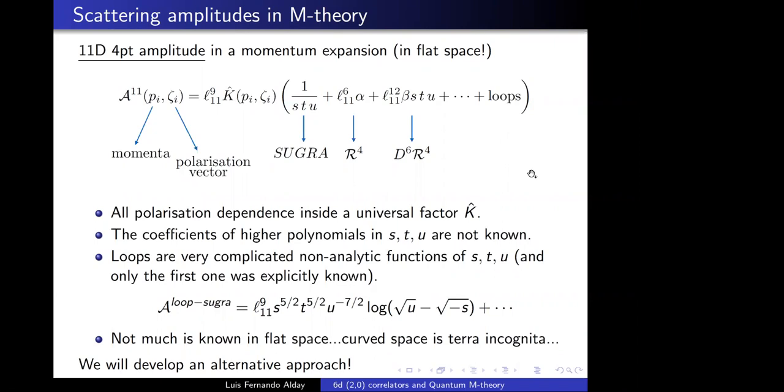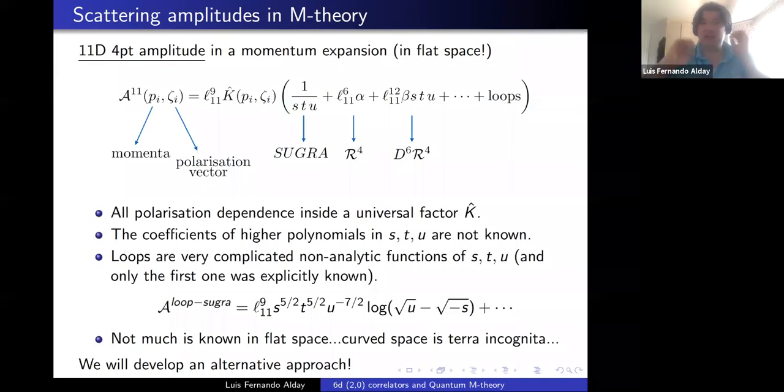Okay, thank you. I have a related question. And in principle, are all the loop corrections fixed by the polynomial terms? Yes, that's a great question. Indeed, what happens is that you can develop a unitarity method, and you can compute a given loop order by cutting diagrams and putting diagrams together at the previous order.